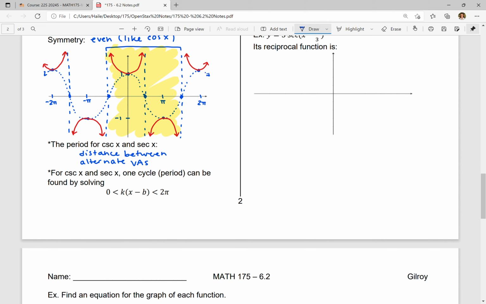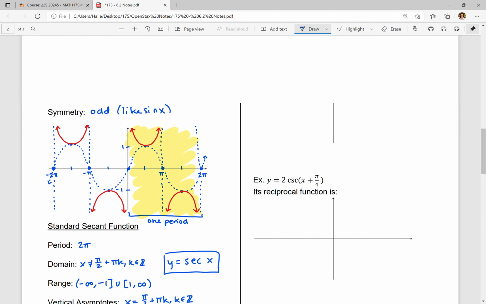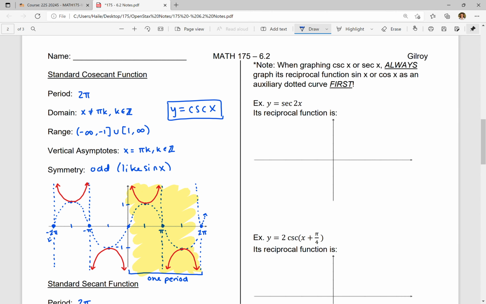And then this little note here is just giving you an algebraic way to solve for the length of a period. However, I like to just think of it as the sine and cosine graph. That's how I always do it, but it is there for you if you would like to reference that, but that's not how I'm going to do it. The way that we're going to do it is we're just going to graph the auxiliary sine or cosine curve, and we're going to get all of our information from there.